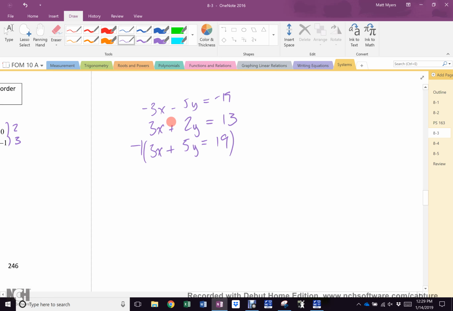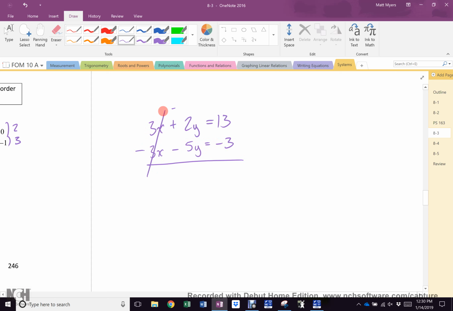Now, you want to be careful if you have something like this. I had 3x plus 2y equals 13. If my other one looked like this, and I wasn't going to multiply and I just wanted to subtract because I saw those were exactly the same, then what would the answer be?